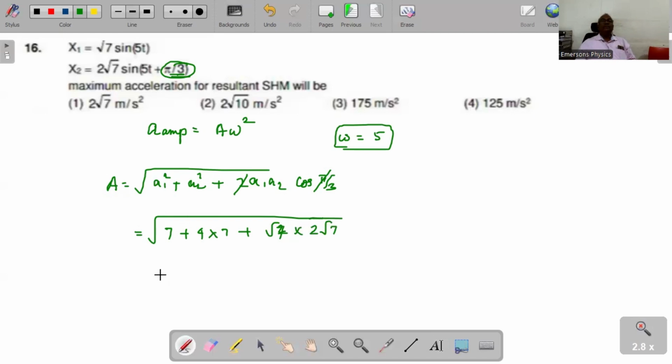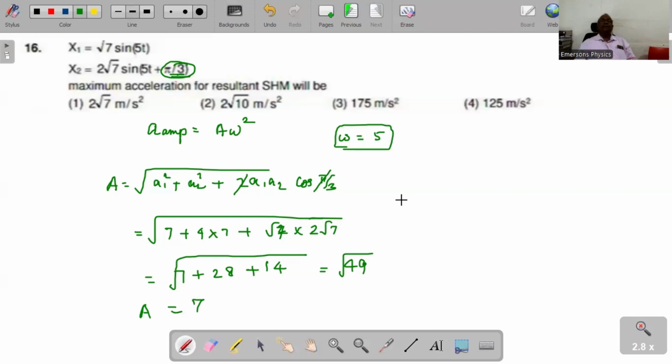The amplitude becomes 7 plus 28 plus root 7 into 7, 7 into 2, 14. Taking the square root of this value: 35, 45, 49. Root 49 is 7. Amplitude we got is 7.